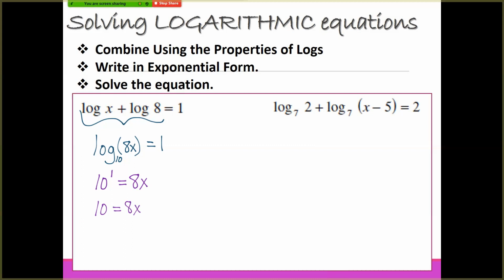So 10 equals 8x. We're going to divide both sides by 8 to get x equals 10/8, which reduces to 5/4. Or if you convert it to a decimal, 1.25. So 5/4 or 1.25 would suffice.